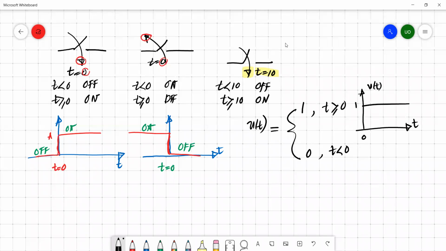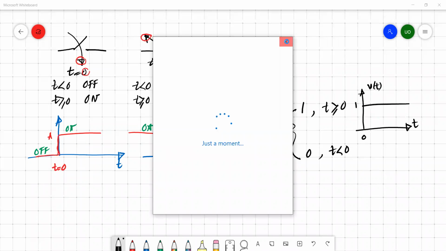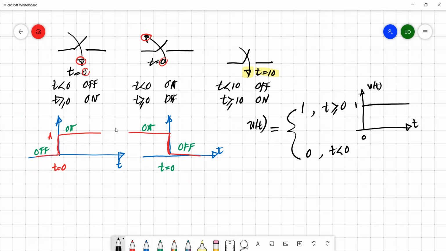By looking at the definition of the unit step and the operation of this switch, we can say that this operation can be represented using A times u(t), if the amplitude is A. You can replace the switching operation using this mathematical model, A times u(t). u(t) is 1 when t is greater than or equal to 0, otherwise 0.